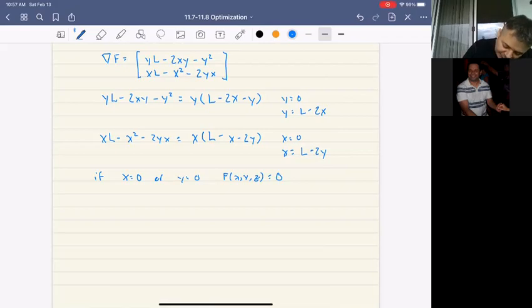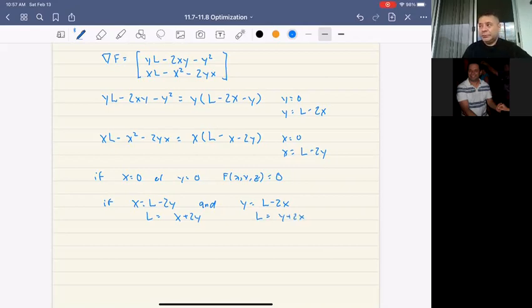If x equals L minus 2y and y equals L minus 2x, I'm going to write that as L equals x plus 2y, L equals y plus 2x, and those should be equal.